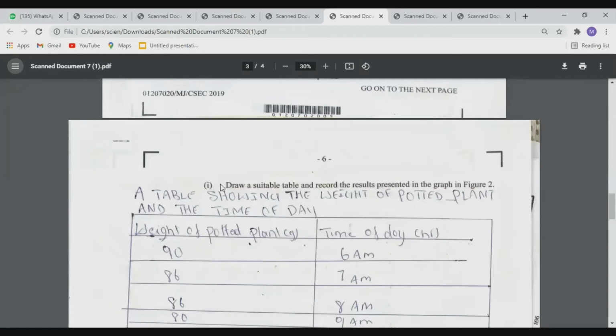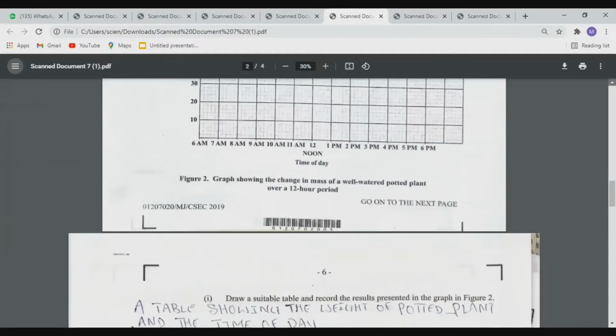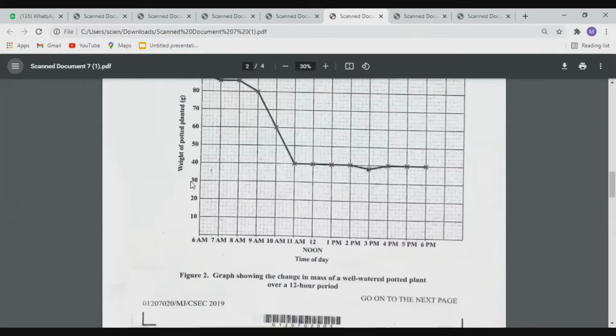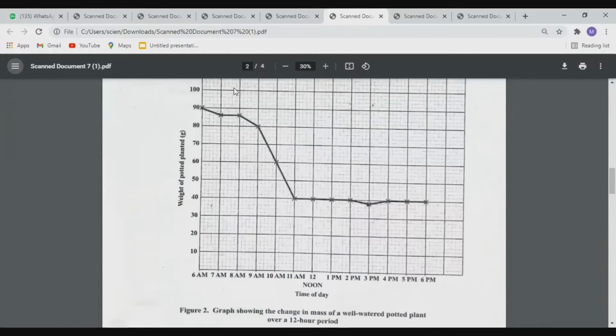So the next question would have stated, draw a suitable table and record the results presented in the graph. So you would have to go back to the graph to see what your table would be looking like. And based on the table, one of your columns would have a heading, weight of the potted plant, and the next one would have the heading, time of day. So you would have to spend some time and go through the data and place it in your table.